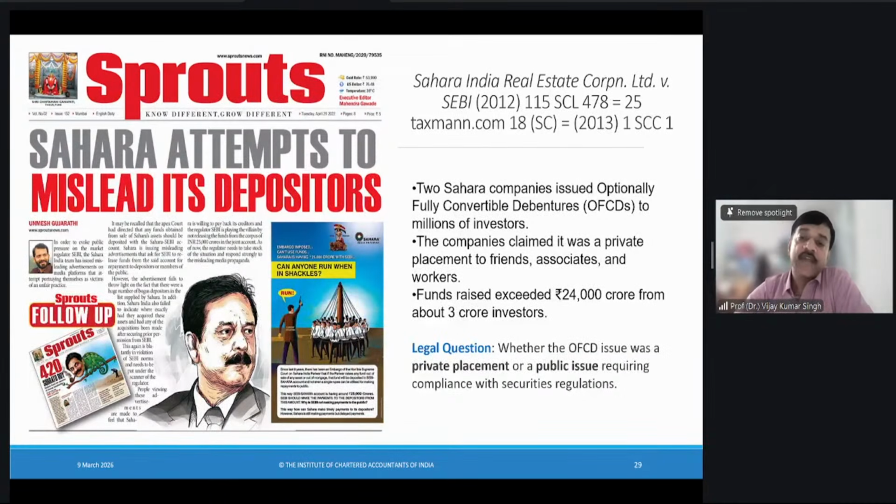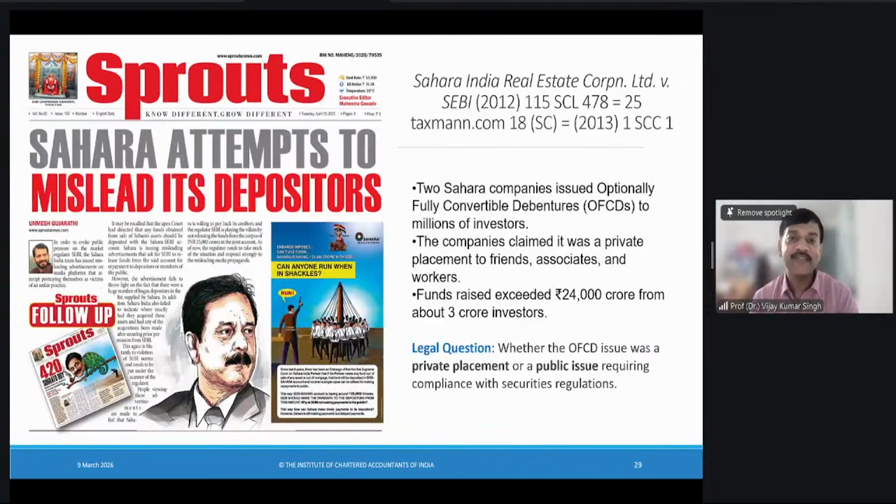Here, two Sahara companies issued optionally fully convertible debentures, called OFCDs, to millions of investors. The companies claimed it was a private placement to friends, associates and workers, so not a public issue. This is what Sahara claimed. In this case, the funds raised exceeded 24,000 crores from more than 3 crore investors.